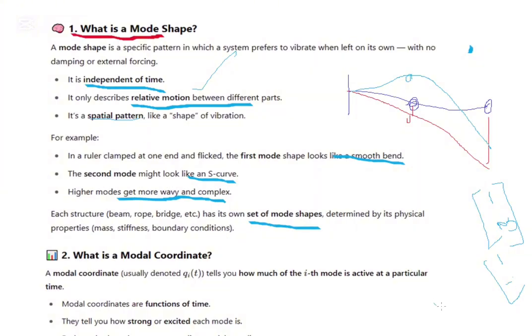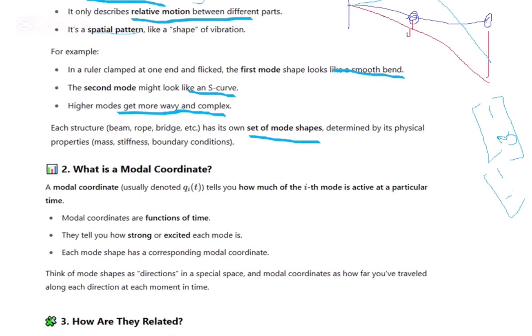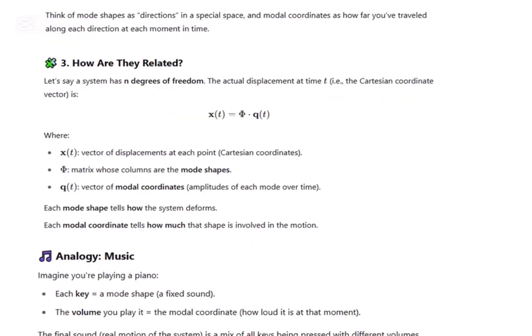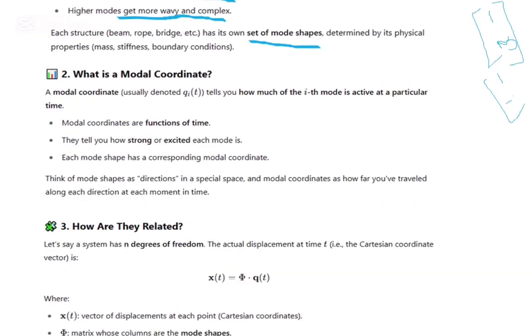Next one is the modal coordinate. Mode shape we have seen. Modal coordinate is usually denoted q_i(t), and tells how much of the ith mode is active at a particular time.